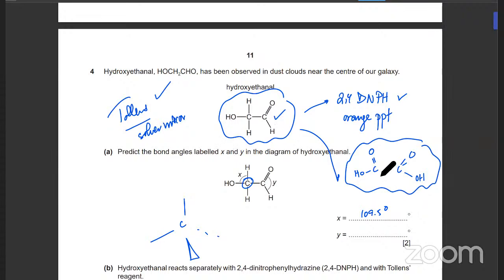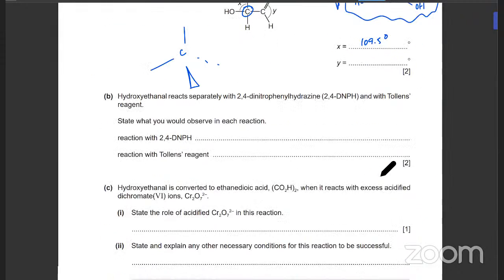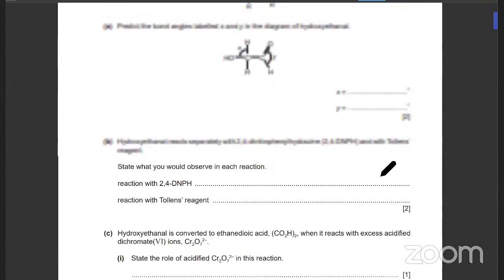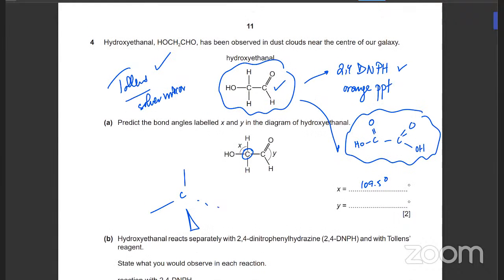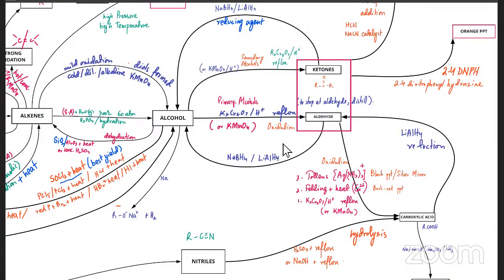So what are the necessary conditions? Cr2O7 तो पता लग गया. What are the conditions? Heat under reflux. ठीक है, और reflux करना है. Ethanolic maybe? नहीं, ethanolic नहीं, बस heat under reflux है. The reason why they ask for the condition is you want the reaction to complete till the carboxylic acid. Otherwise the reaction will stop at aldehydes, right? So to complete it, you should reflux it.